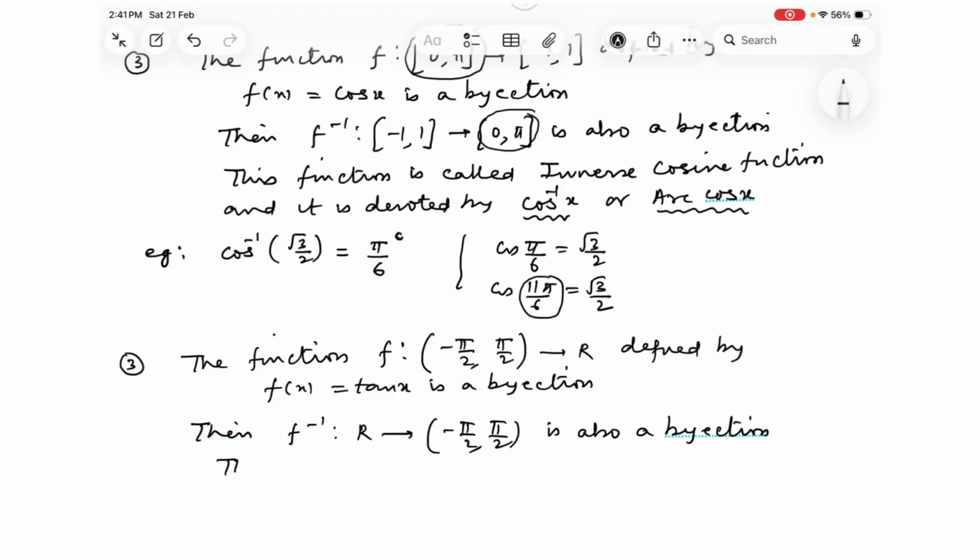This function is called inverse tangent function. It's called inverse tangent function.